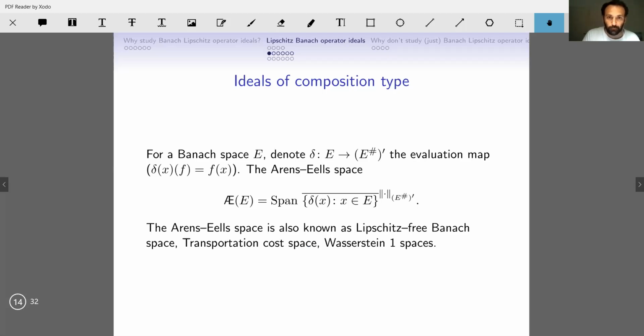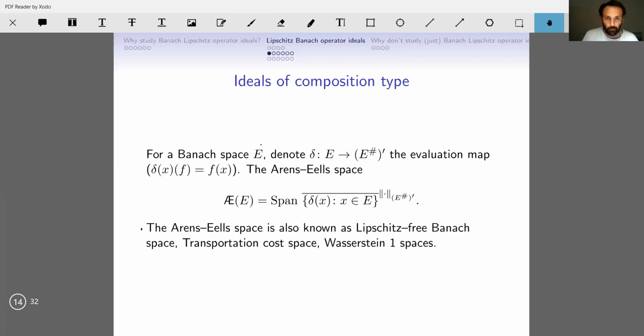For a Banach space E, we denote by delta the evaluation map, and you can see it as a function from E to the dual of the Lipschitz dual space of E. The Lipschitz free space of E is exactly the closed linear span of the image of delta. This space is also known as the Lipschitz free Banach space, the transportation cost space, the Arens-Eells space, and I think there are many other names, but right now I don't remember.